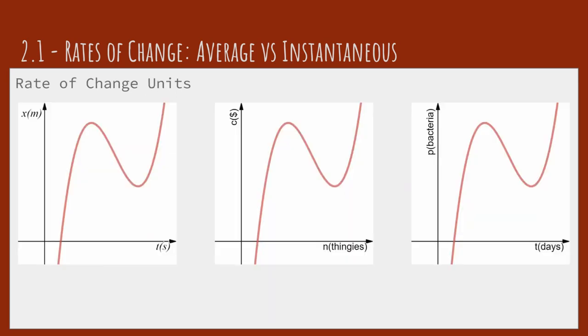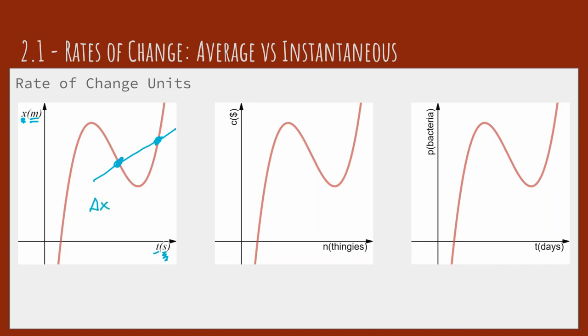So if we look at some graphs with some context here, the slope of a secant line in any one of these coordinate planes actually has some meaning in terms of what the number is that we get for that slope. So for example, in the first graph here, we have x, which is a position measured in meters, graphed with respect to time, which is measured in seconds. Well, when we find the slope, we're finding a vertical change.